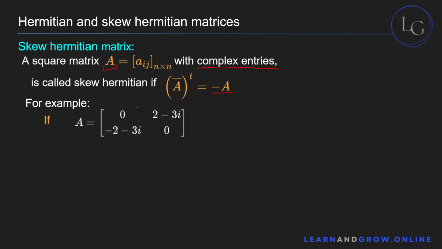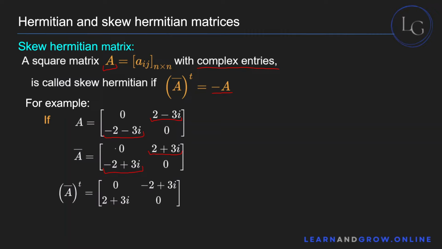So, for example, look at this matrix here. Now, in the conjugate of this, the zeros will remain zeros, and these complex entries 2 minus 3i will become 2 plus 3i, and minus 2 minus 3i will become minus 2 plus 3i. So basically, in a conjugate, you just change the sign of the imaginary part of the complex number.